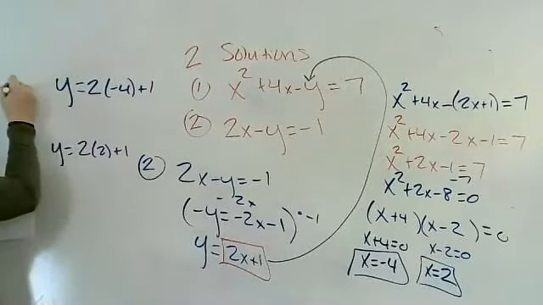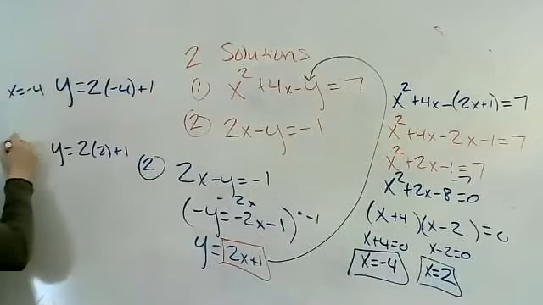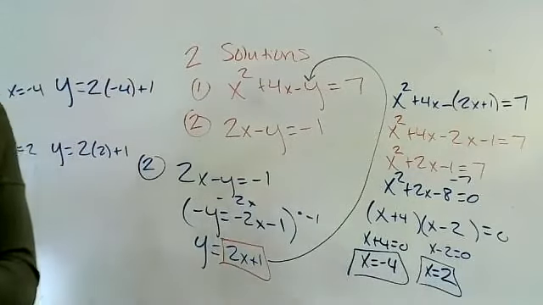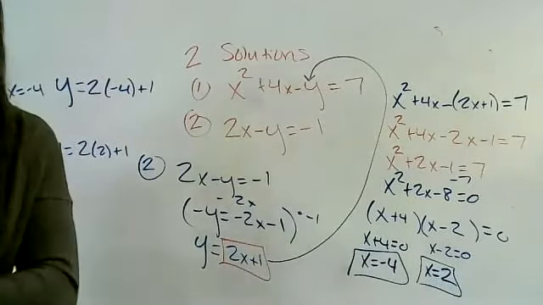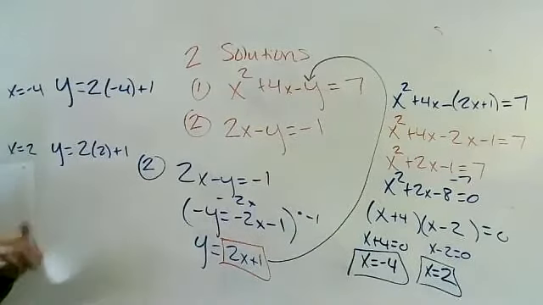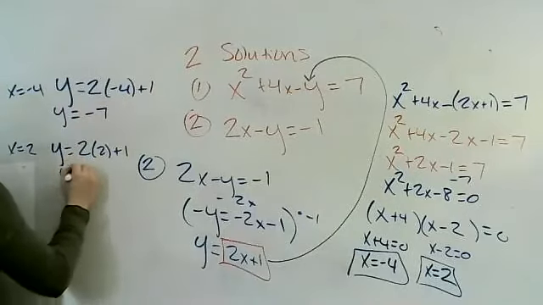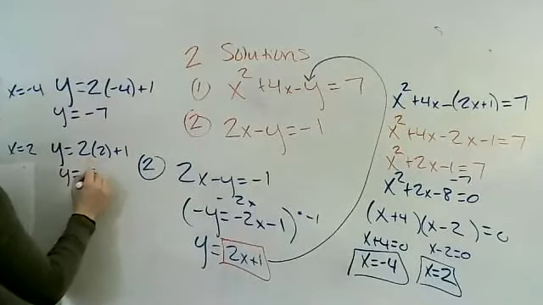And I want to remind you, this is an x equals negative 4, and this is an x equals 2. It's really important that you keep the corresponding x value with its y value. You don't want to mix up those according to pairs. Solving here, y equals negative 7, here y equals 5.